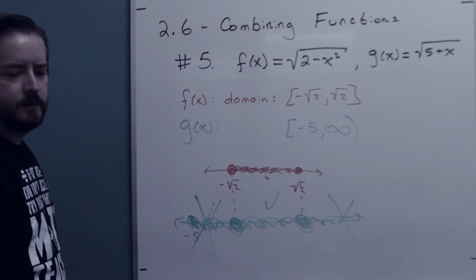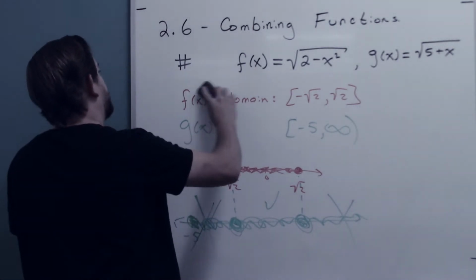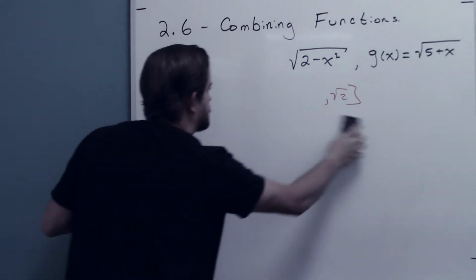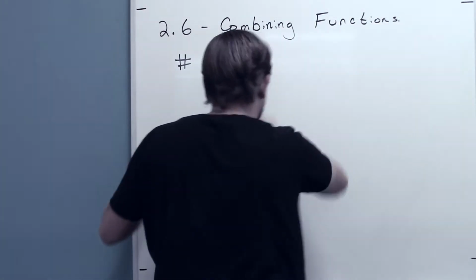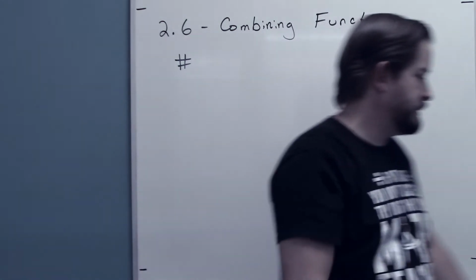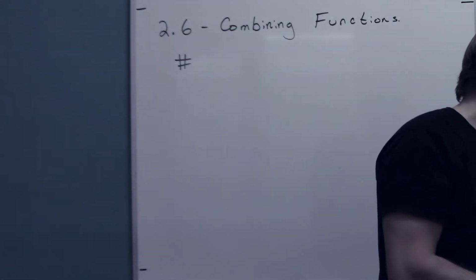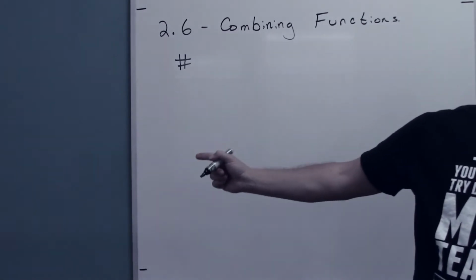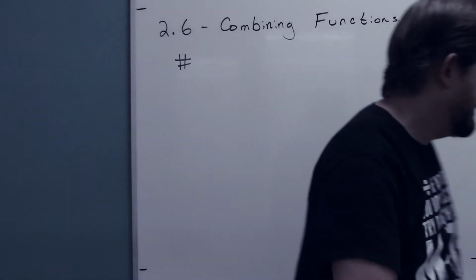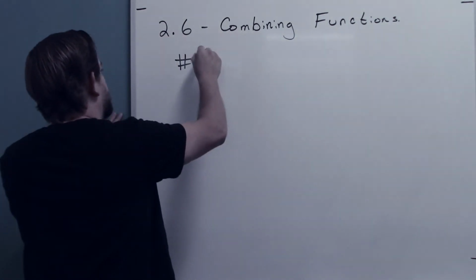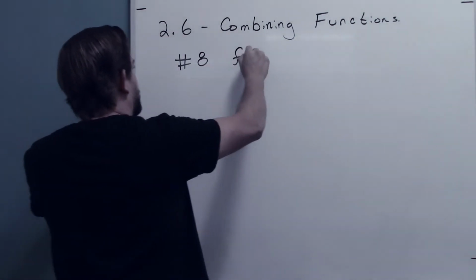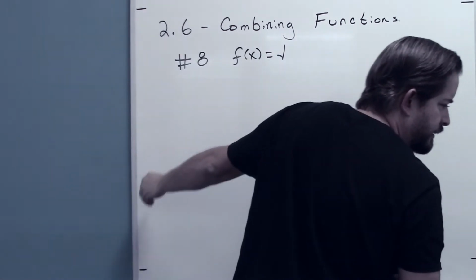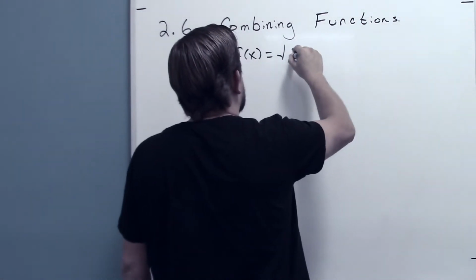All right, let's take a look at number 8. Eight says, it's the same two, well, I erased it. I think it's the same two, but number 8, I have f of x is the square root of 2 minus x squared.